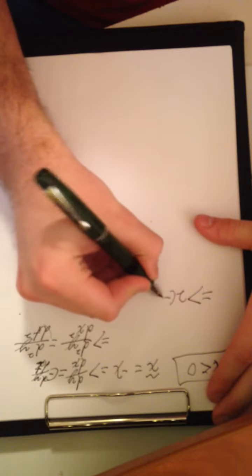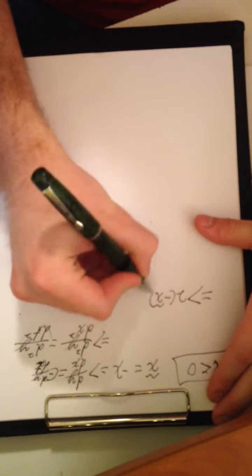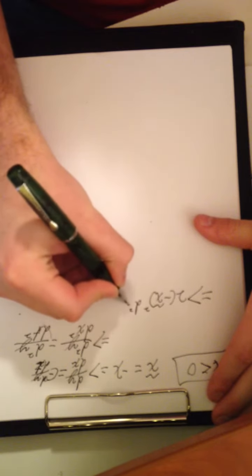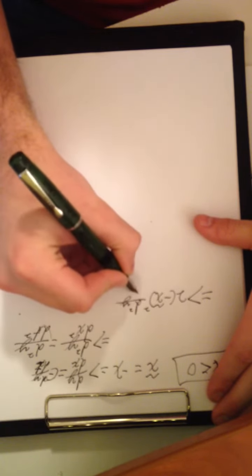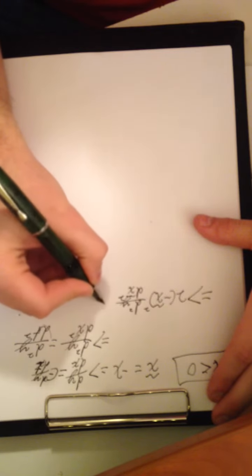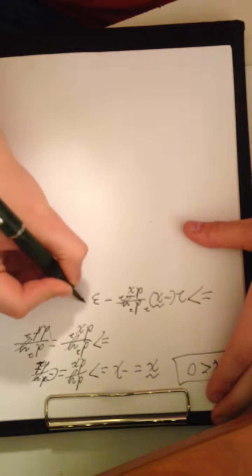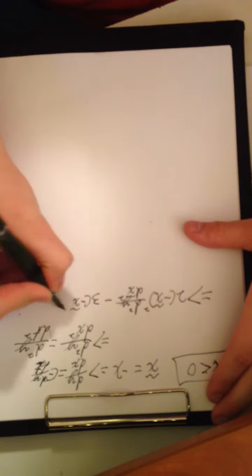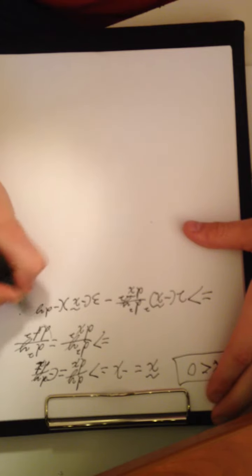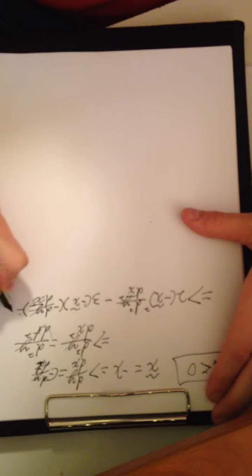That gives us 2 times negative x tilde squared d squared y over dx tilde squared minus 3 times negative x tilde times negative dy over dx tilde minus 3y is equal to 0.